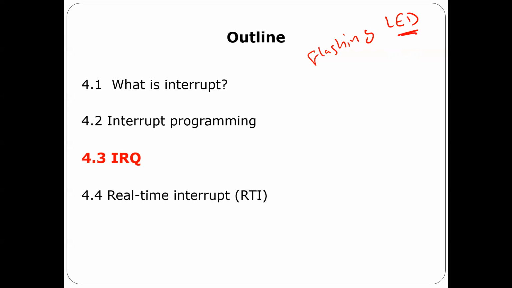I did it in the main program. Everything I taught in chapter 3, you can do in chapter 4, but using interrupts. It's the same task. It's up to you. You can put it in the main program, or you can put it in an interrupt.